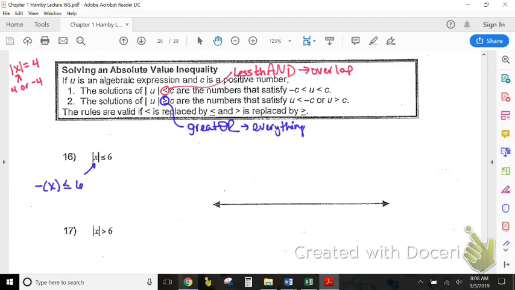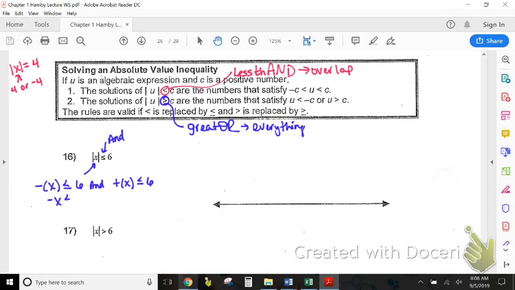And what's inside could be a positive, and I set it less than or equal to 6. Now, is this an and or an or statement? It's a less than symbol, right? So it's an and. And so work both of those out.